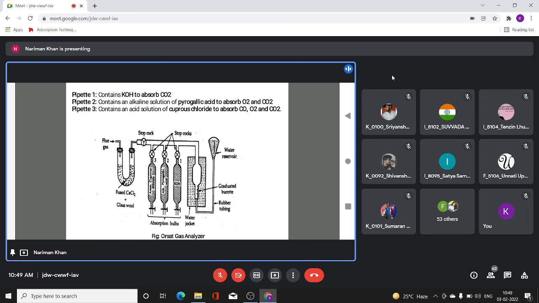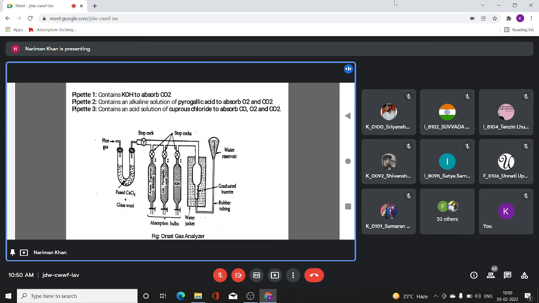We have to open the first stopcock, which is connected to the U-tube, and we have to open the KOH stopcock, which is connected to the KOH pipette. So these two only we will open first, and we will allow our flue gas to pass into the first pipette. Got it? Yes, ma'am.